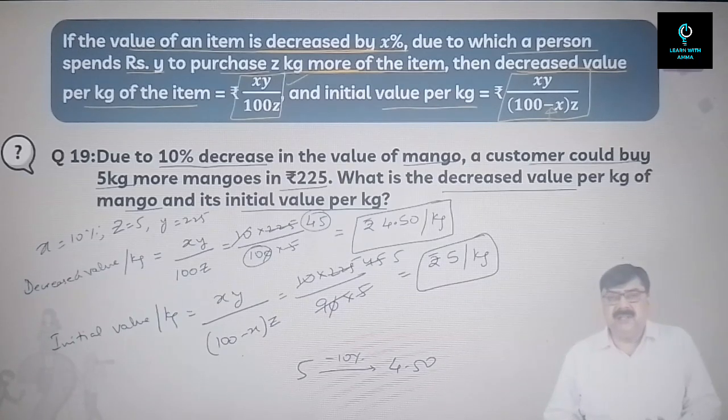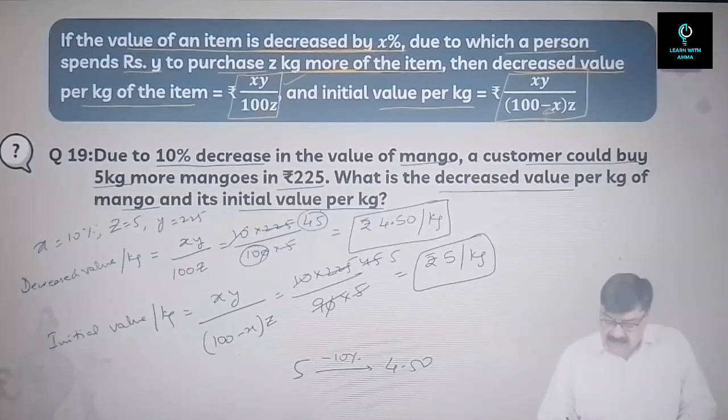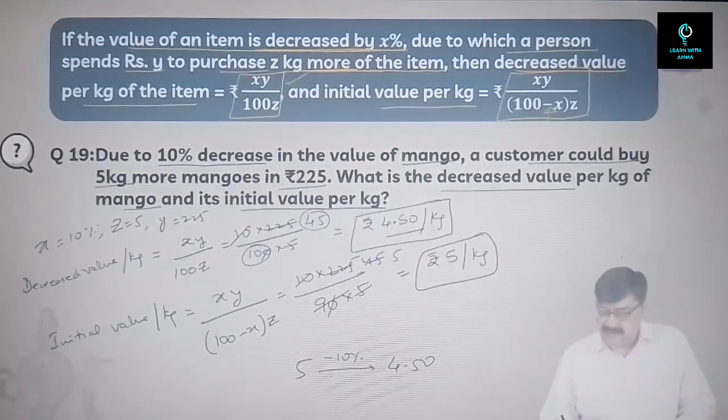Now in case of reduction, you could have easily done one more thing. Once you have found out that the decreased value was 4.5, the initial value you can also find out by dividing this 4.5 by 0.9, because there is a decrease of 10%. Alright, so that also comes out to be 5.